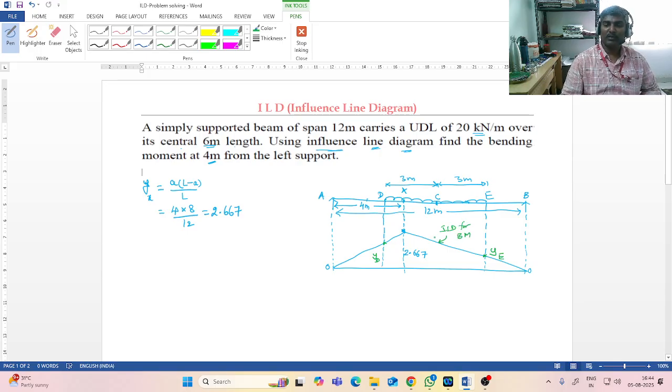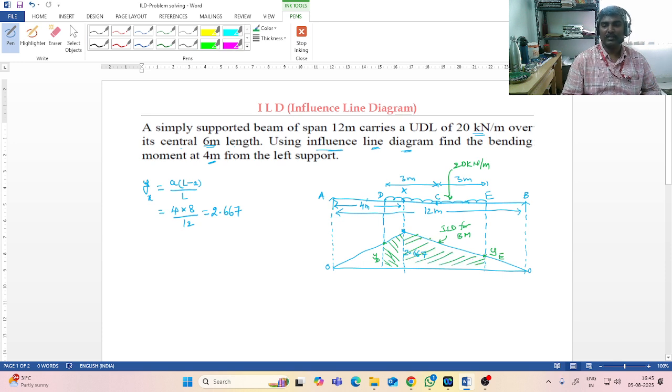If you want bending moment, we need to multiply the load value, that is 20 kilonewton per meter, by the area occupied by the ILD. So this is the left part of the section and this is the right part of the section.